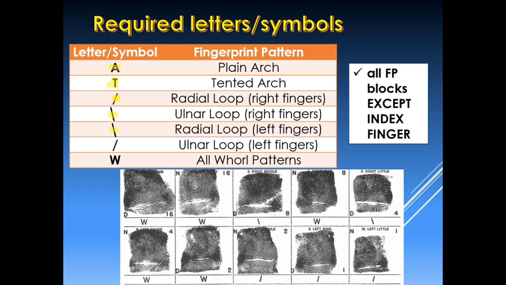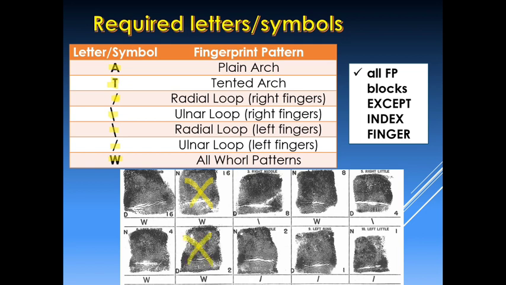And then if that is an ulnar loop taken from the left fingers, we are going to use the forward slant. Now the same goes for the other whirl patterns, we are going to use the capital letter W. So again, this is intended for the other fingerprint blocks except the index finger.